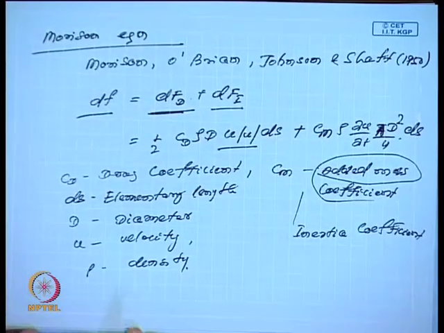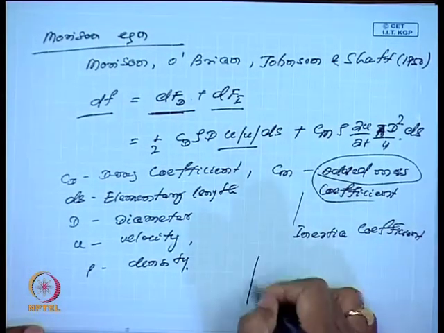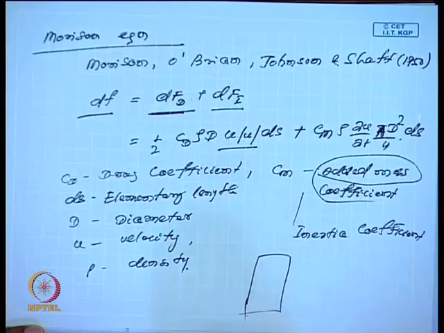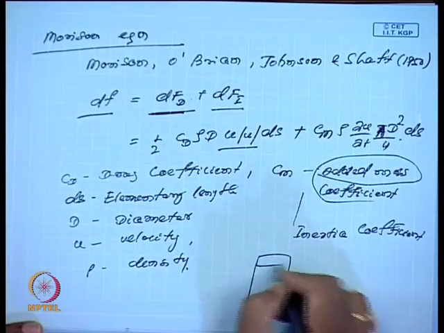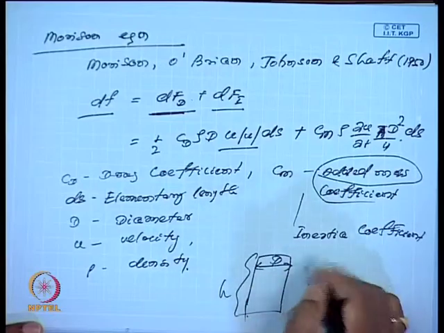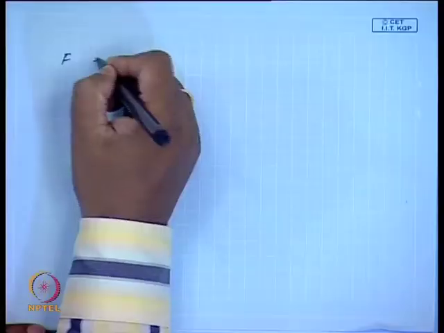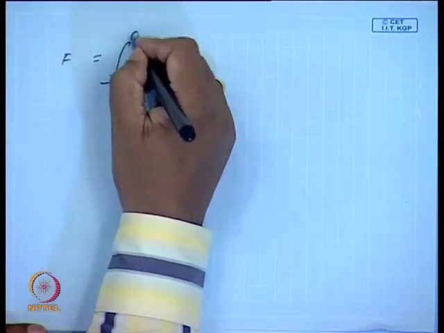Now, if I know the elementary force dF, and I have a pile type structure of diameter d and length h, we calculate the total force F just by integrating dF from minus h to 0.